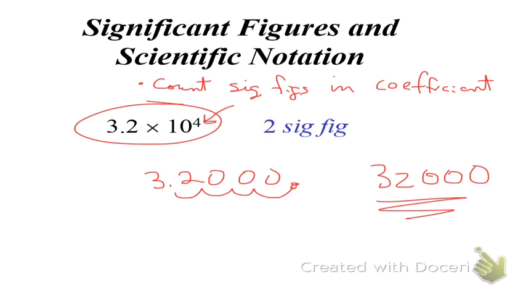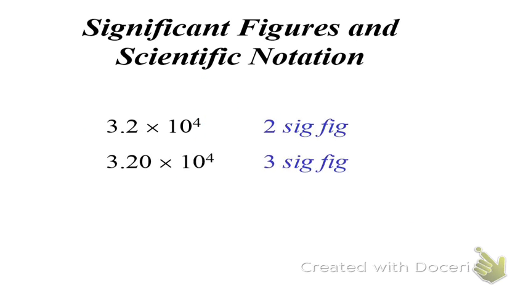Awesome. Well, if you wanted to take that same number and show 3 significant figures, you could do that simply by adding a 0 to the coefficient. So 3.20 times 10 to the 4th is the same number, but now in the coefficient you have 3 significant figures.